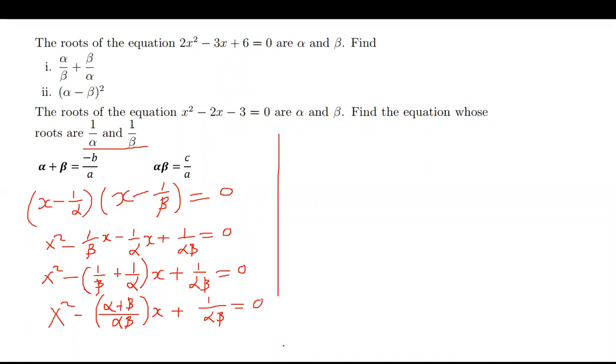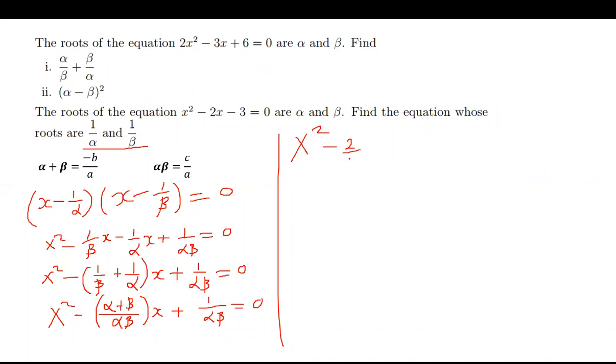So let me just divide this part here. We proceed here on top. I'll write my x squared there, and then minus, while there's alpha plus beta, I'm going to put negative b over a. So this one I'm going to have negative 2 over 1. Negative times negative 2, I'm getting positive 2 over 1, I'll still get 2. Then over alpha times beta, meaning it's negative 3 over a, which is 1.